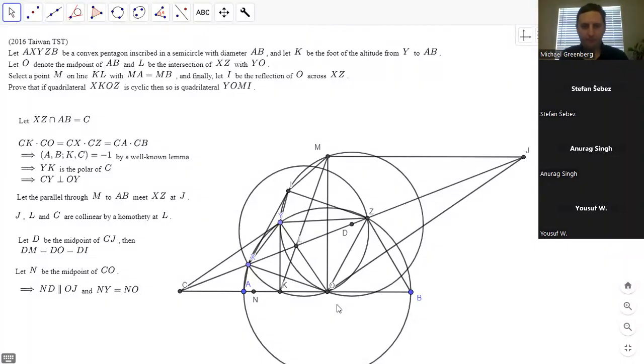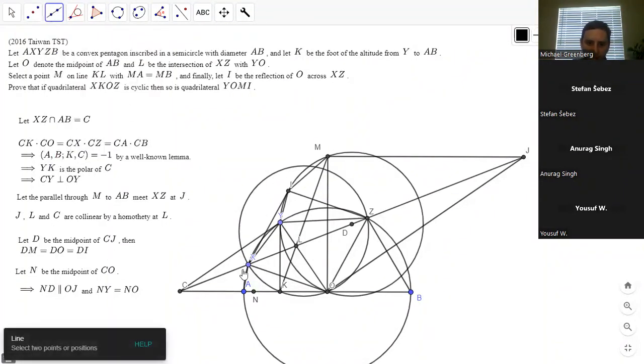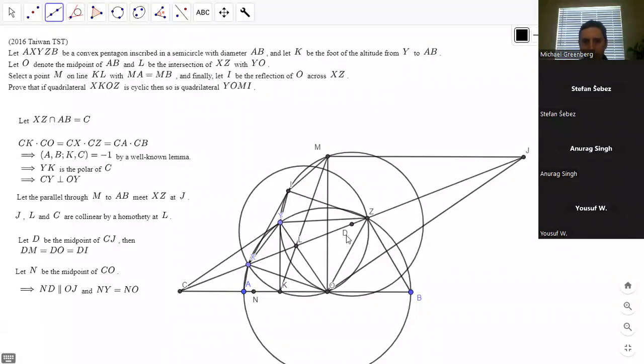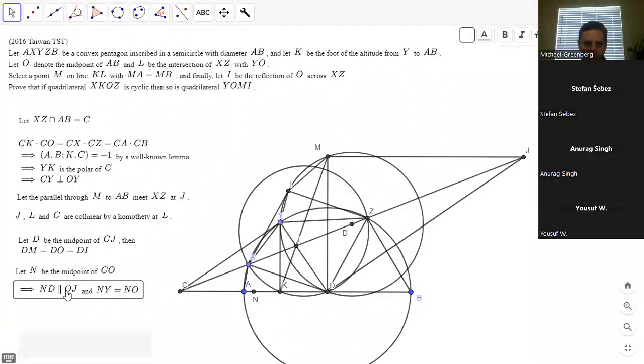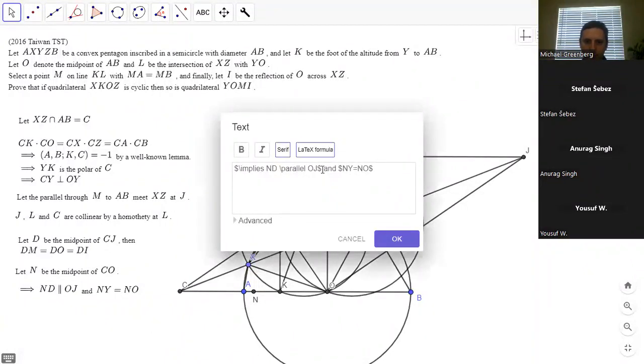Can I repeat what I said? Basically, if ND is parallel to OJ, then that means ND is perpendicular to OY, and that would solve the problem. So I'm going to switch these two. So NY equals NO.